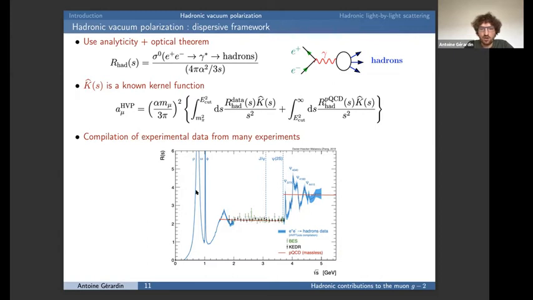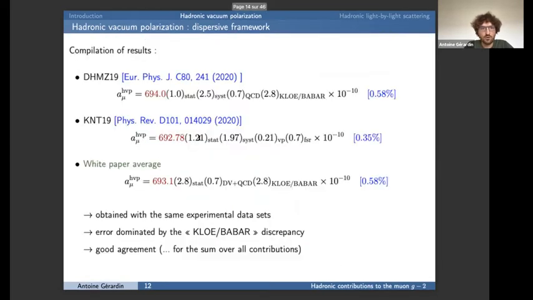But here, basically, the main challenge is just to combine all those experimental data sets from many different experiments. Here I show some results from two publications, and here in green, this is the result published in the white paper from the muon g-2 theory initiative. So you can reach a precision of about 0.5%, depending on the estimates.